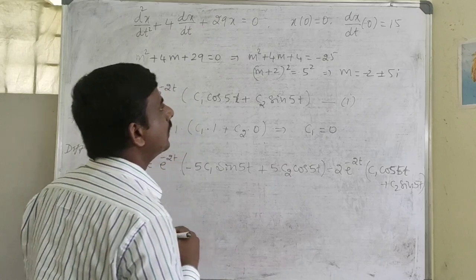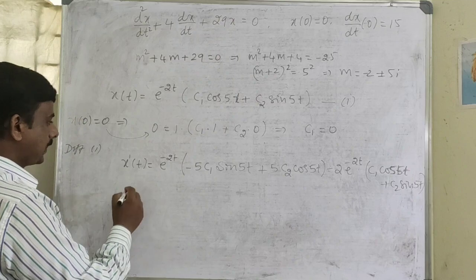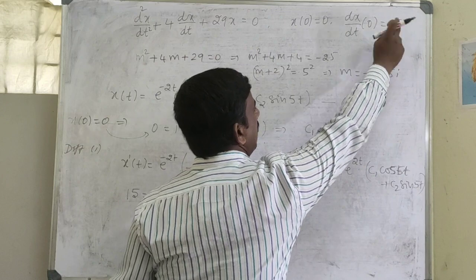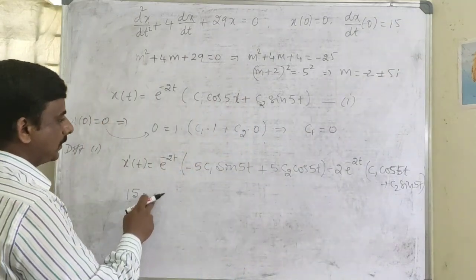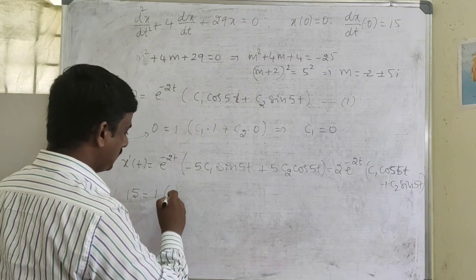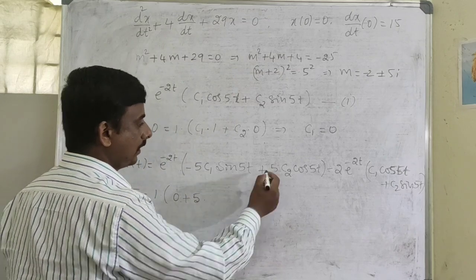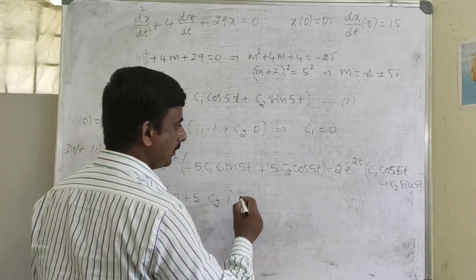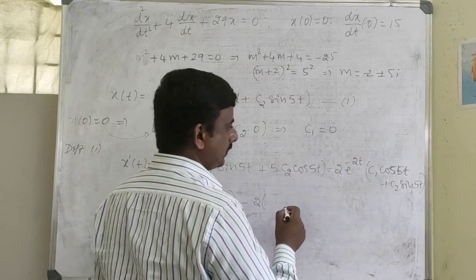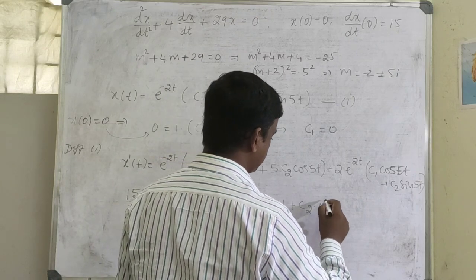Now taking t equal to 0. We have x dash of 0 is 15. So 15 equal to, e power 0 is 1, this term will be 0, 1 into first term 0 plus 5 c2 into 1, minus 2 into e power 0 which is 1, into c1 into 1 plus c2 into 0.